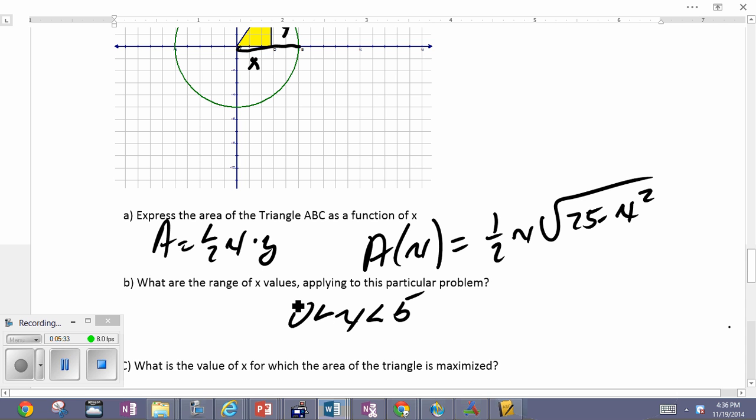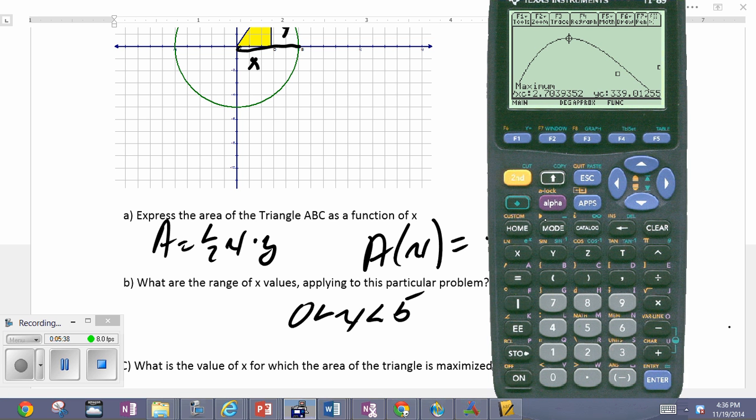Let's look at that function on the calculator. I'm going to turn off this one, key that in: 0.5 X times the square root of 25 minus X to the second power.